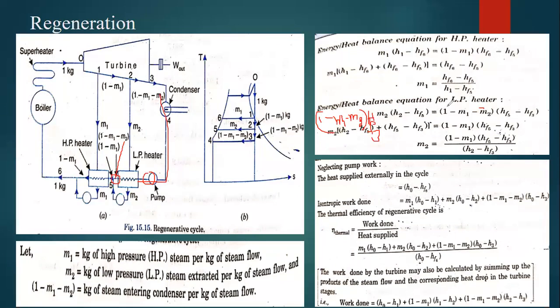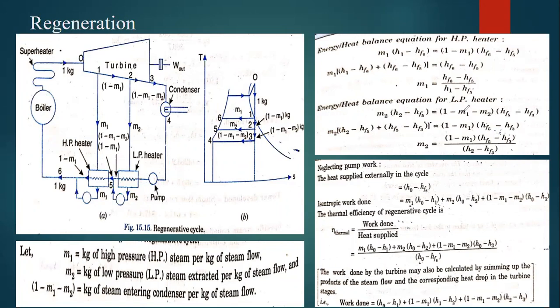Since we have this 1 minus M1 minus M2 on the RHS, we take it directly to the RHS, so this plus HF3 will become minus HF3. Taking 1 minus M1 minus M2 as common, we get HF5 minus HF3. So we got this equation like that. And now, since we need to know M2, let's get the M2 value to the LHS.